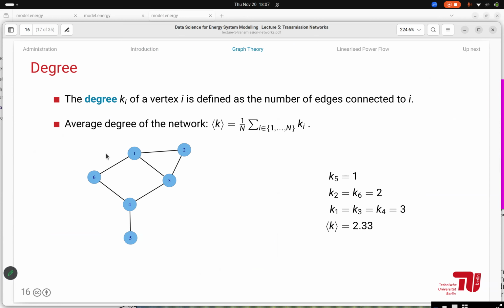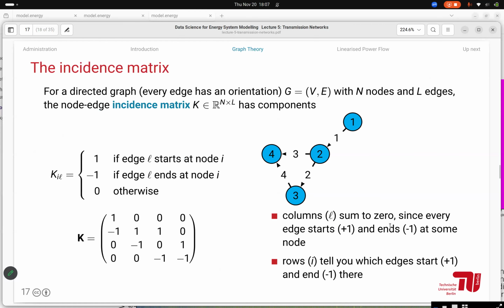If you want to find out generally how densely connected your network is, then you might look at something like the average degree of the network. So on average, how many other nodes a node is connected to. So in this case, it would be 2.3. We have a little over 2 connections on average.